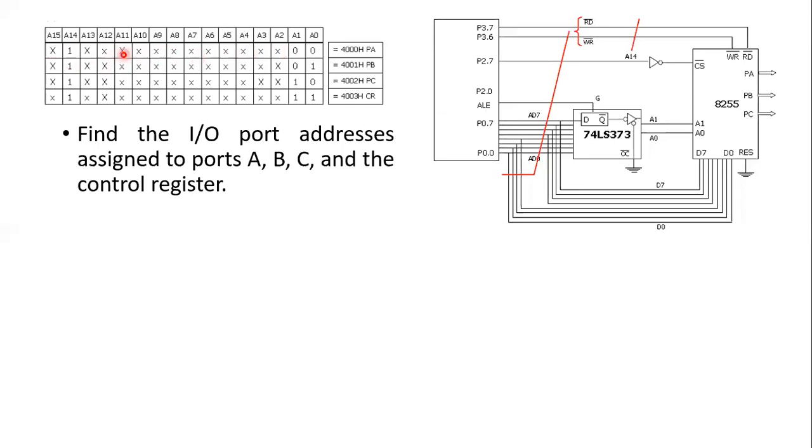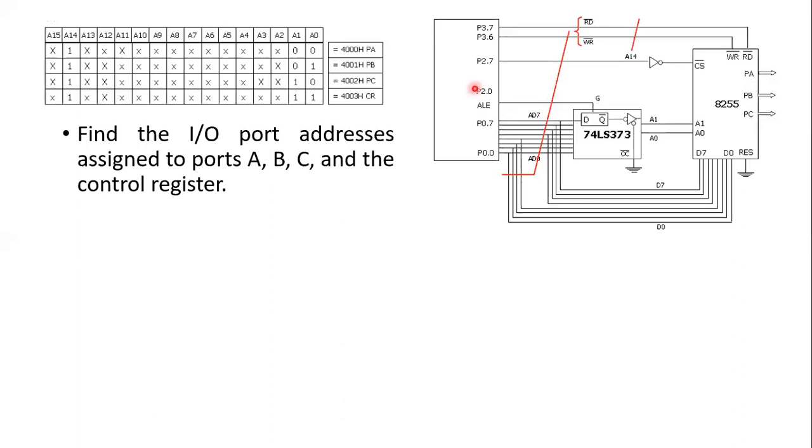When you replace everything else by 0, it would be 4000H. So the hexadecimal number 4000H can select port PA. From the microcontroller, for this given configuration, if you give the address 4000H, it's going to select port PA. Got it?